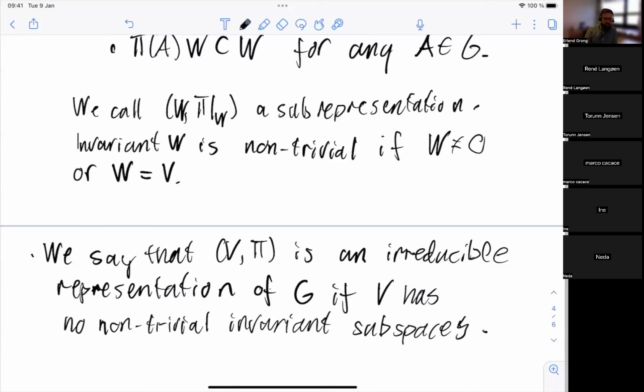So if we have no smaller part that can be made into a subrepresentation, then we say that the representation is irreducible. And the search for irreducible representations is most of what's going to happen with the rest of the course: to search for these representations, find them, and understand them.